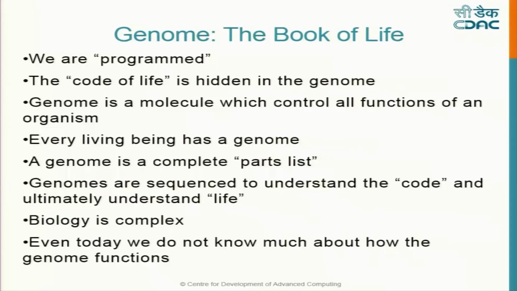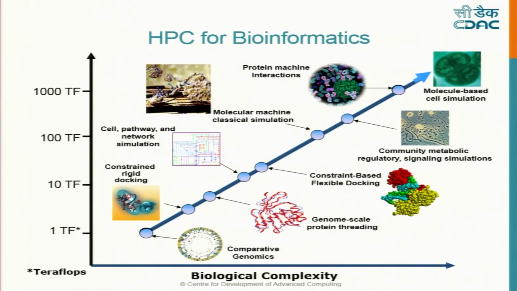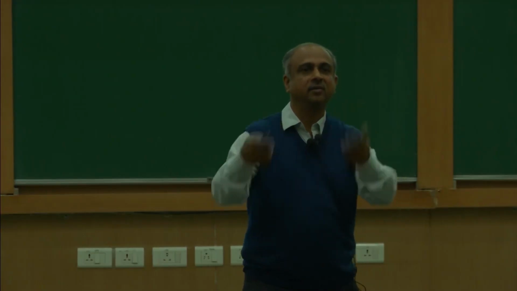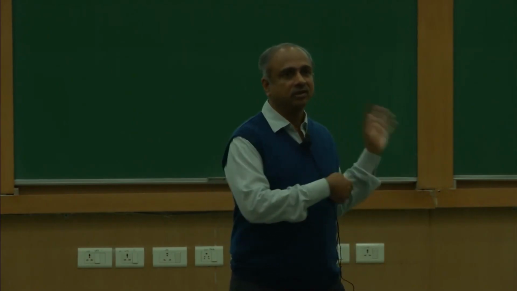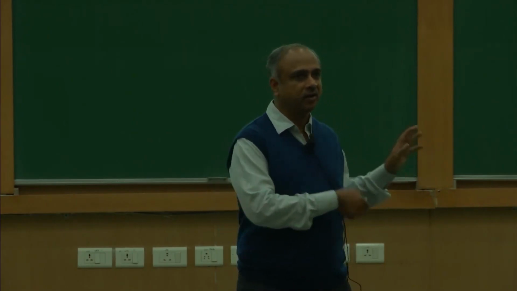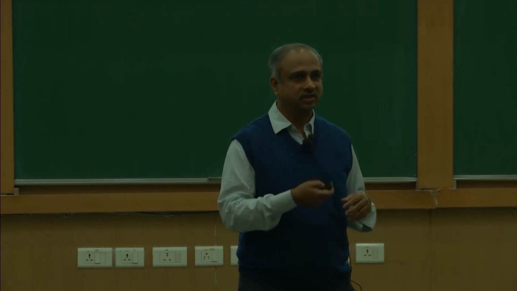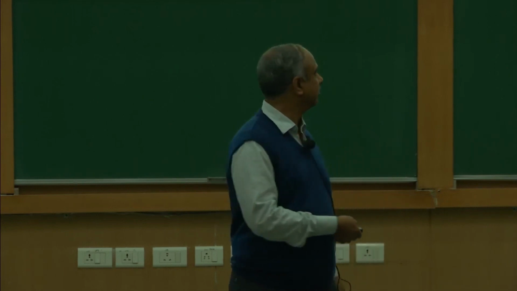So all that is because there is HPC and we have bioinformatics. So this slide tells that given the increasing number of petaflops or teraflops that you have, what else can you do with it? So bioinformatics is one of the fields where any amount of compute power you give, the scientists are able to consume that because they can do simulations and other things at a finer and finer level.